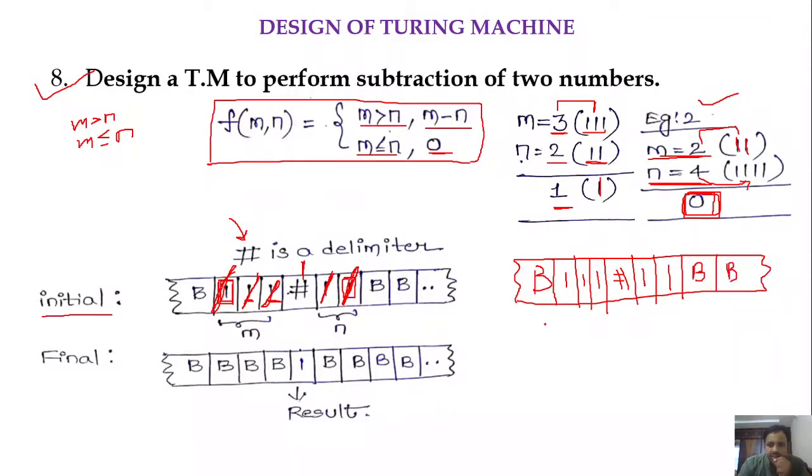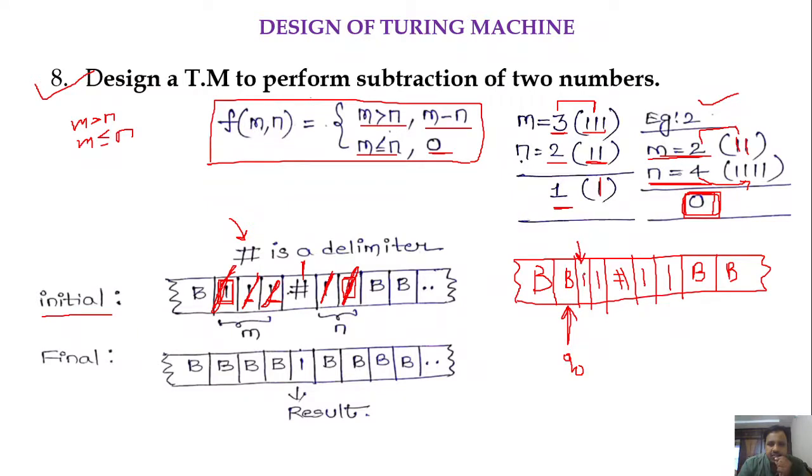First, we will start with q naught, and if the input is 1, we will convert that 1 to blank and move the head towards right. While moving the head towards right, if we get 1, keep that 1 as it is. We keep on moving the head towards right until we get a blank.